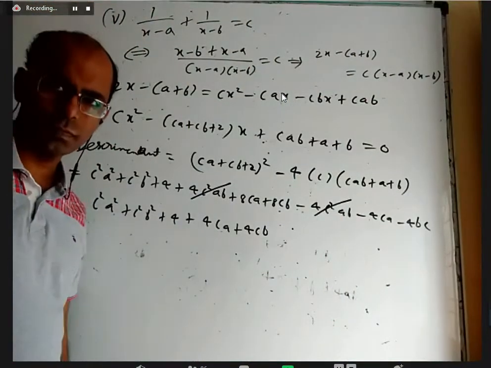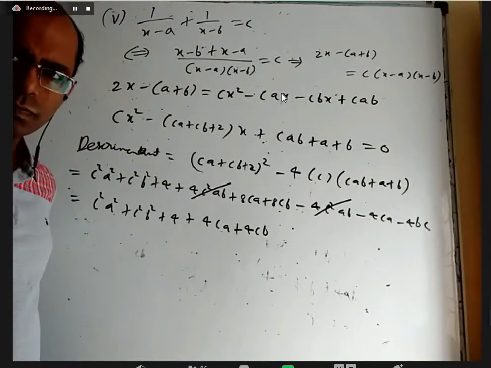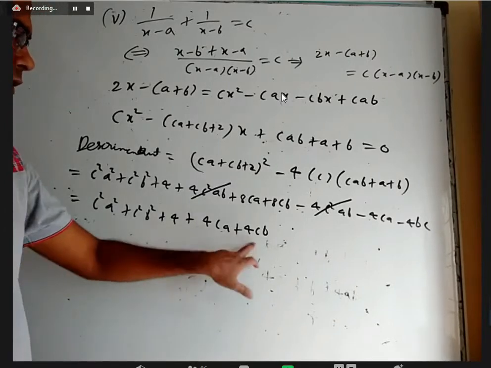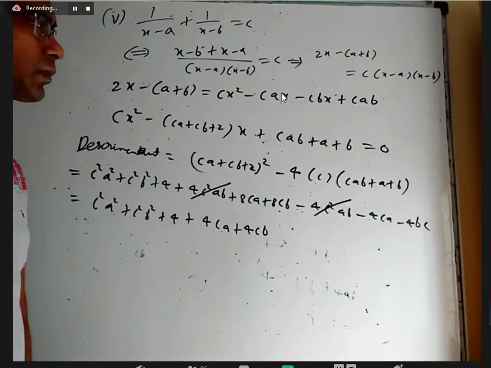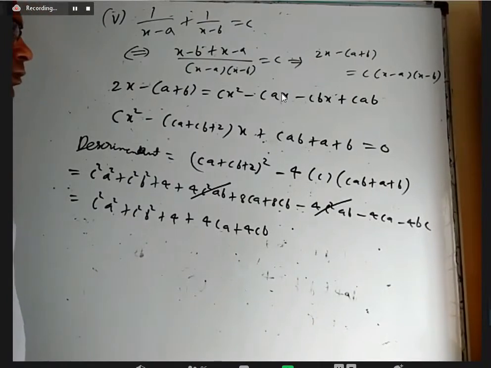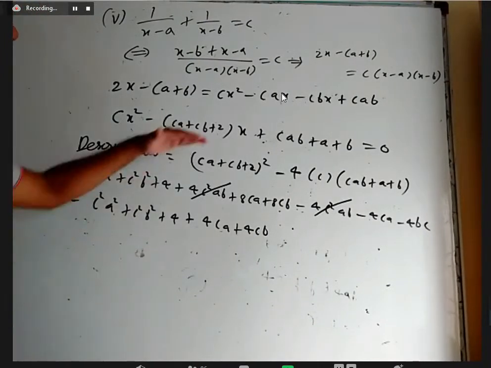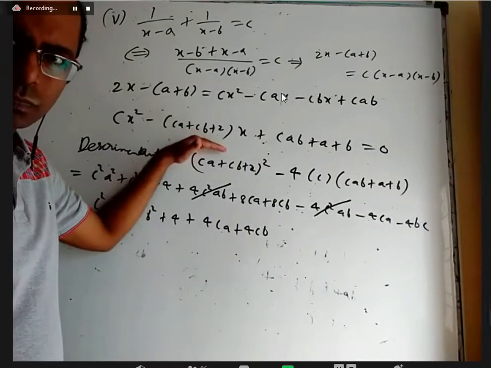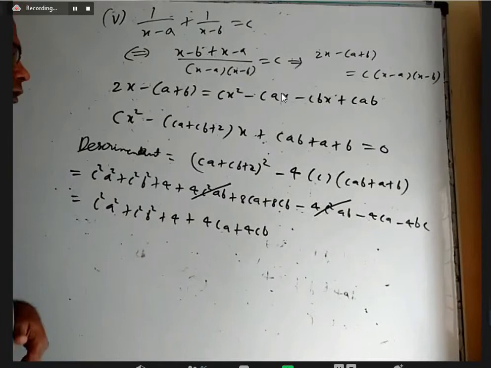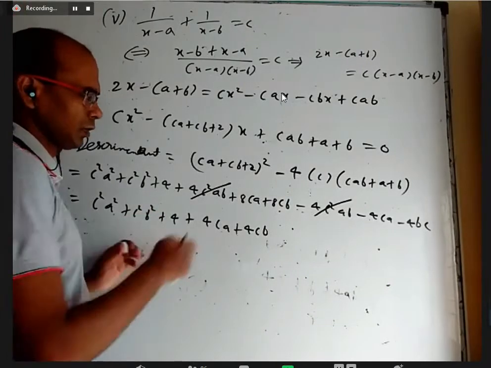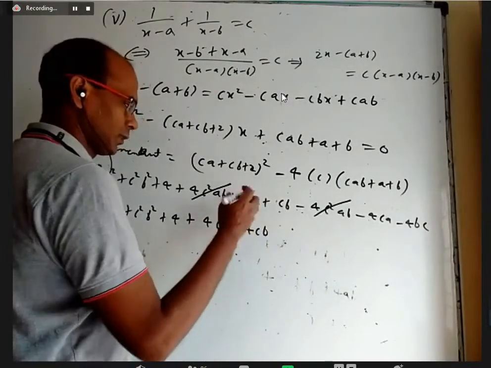Tell Sachin. Where is 4CA plus 4CB? Up to here, fine? From here to here? Okay. Instead of 8, 4. Okay, here. Okay, thank you.